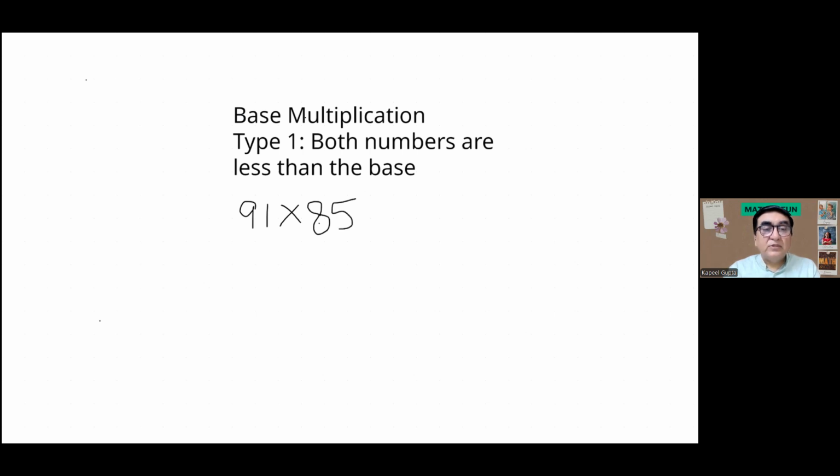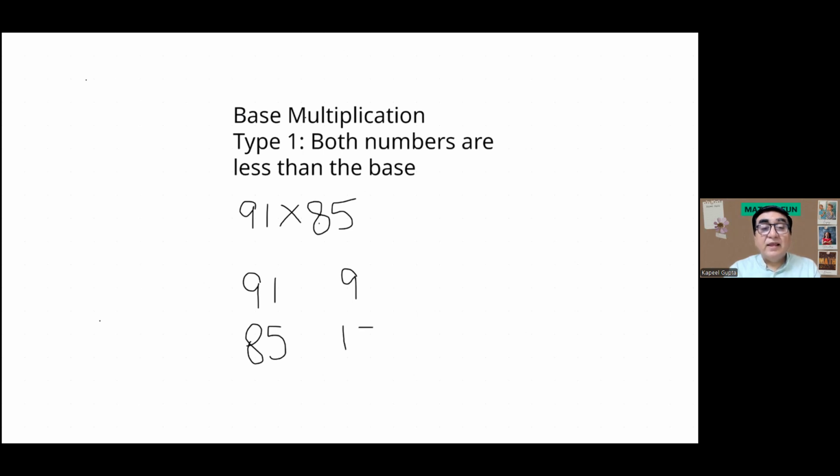Both these numbers are less than the base, and the base is 100. I noted these two numbers here. Then I subtracted 91 from 100 and got 9. Then I subtracted 85 from 100 and got 15.